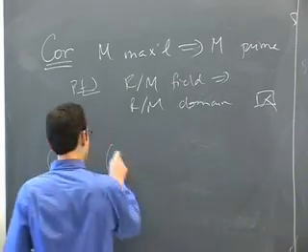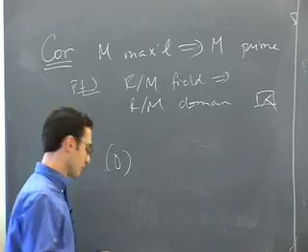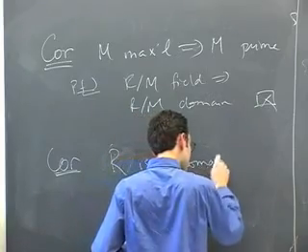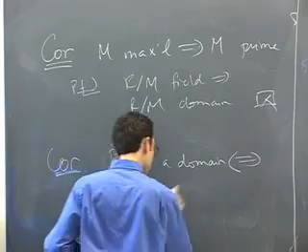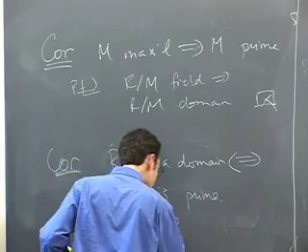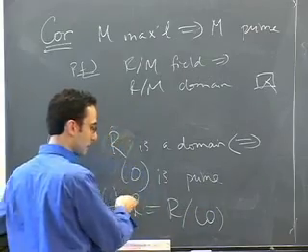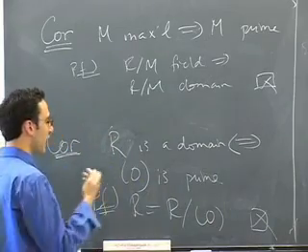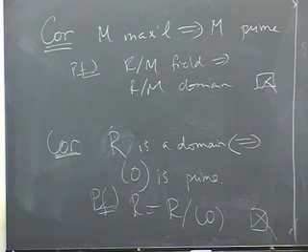Well, the zero ideal, because R modulo the zero ideal is just R. So R is a domain if and only if 0 is prime. The proof of that is that R is R mod 0, so this thing is a domain. This is another nice characterization of the relationship between domains and primes.